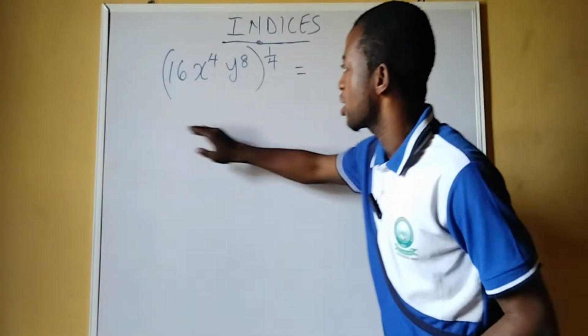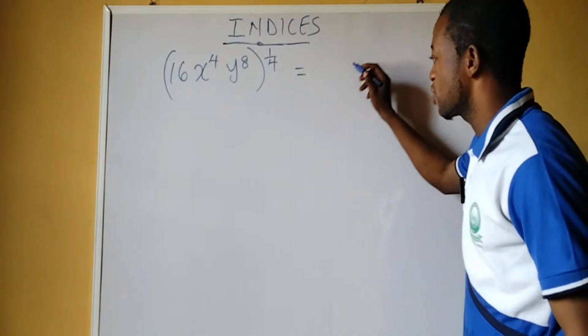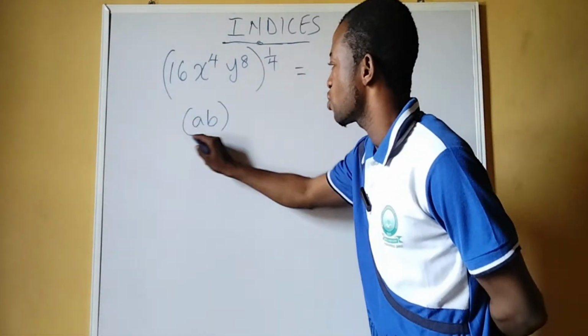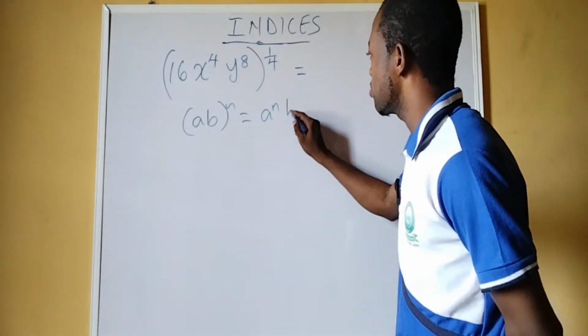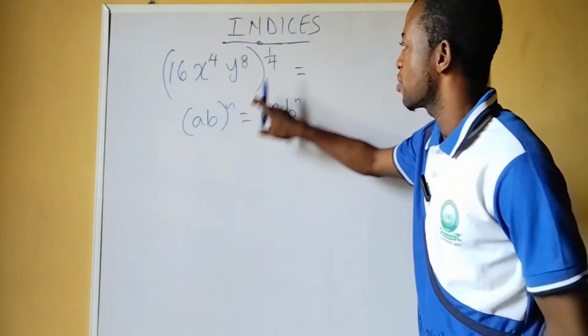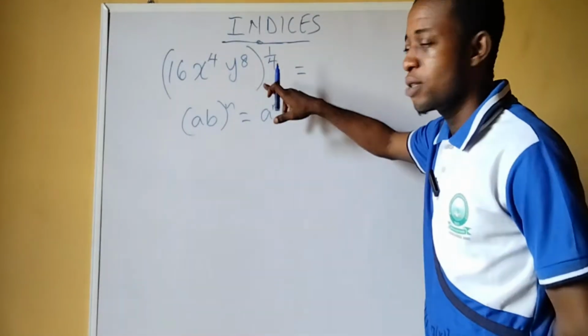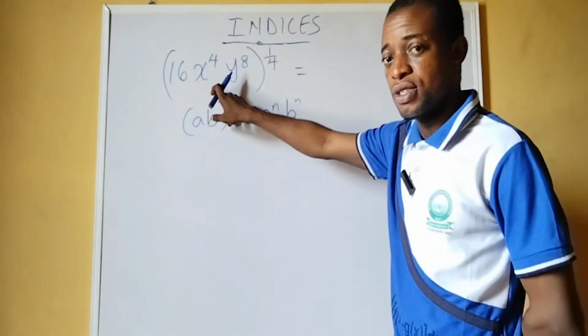This power here will affect each of these numbers. Don't forget, when we have a times b all raised to power n, we say this is a raised to power n, then b raised to power n. So this power 1/4 will affect all the numbers we have here. It will affect 16. It will affect x raised to power 4.